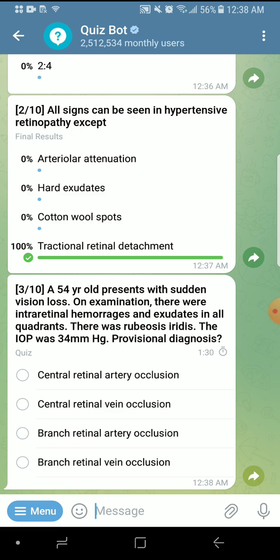Even neovascularization of the iris, that is NVI, new vessels on the iris, can be there, which can lead to neovascular glaucoma, where the pressure is high. This is nothing but the splash tomato appearance, not a picture, not a direct question, but a representation: all quadrants, exudates, hemorrhages, that is CRVO.